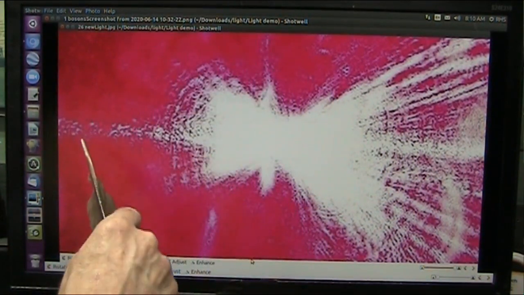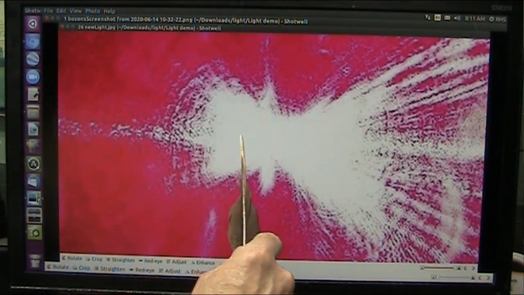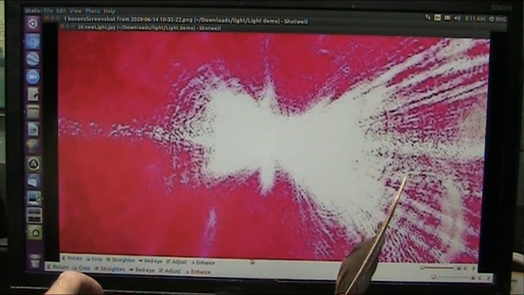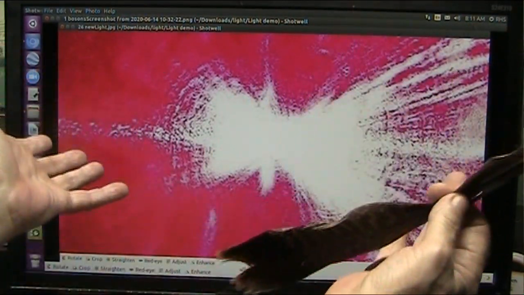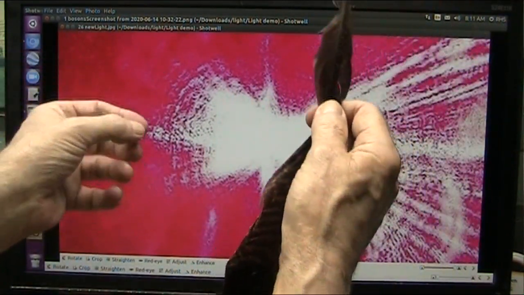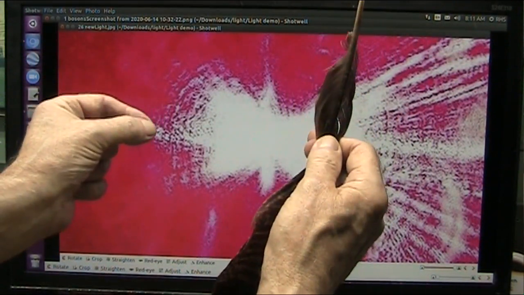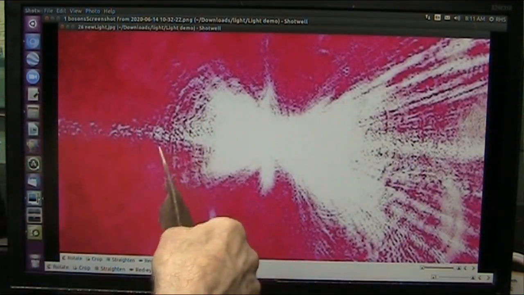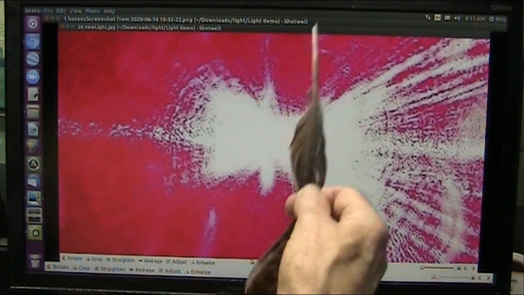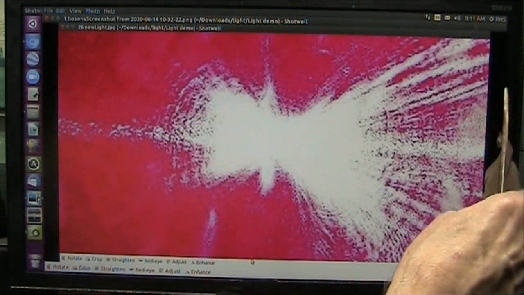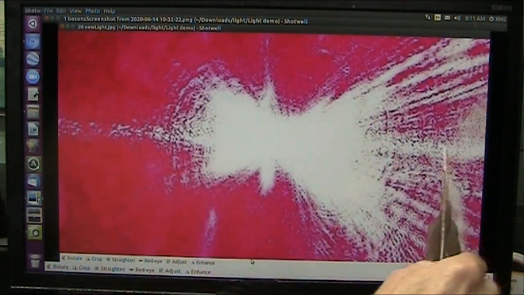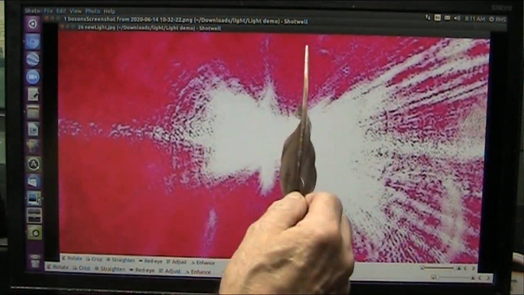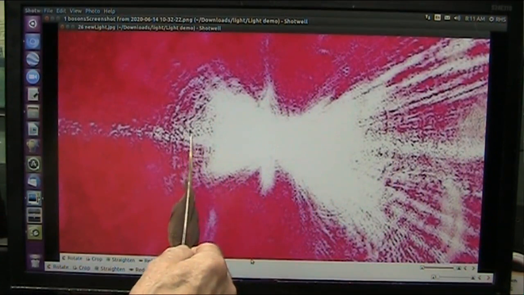Now, depending upon the frequency that it's coming in is what it interacts with, the molecules that have particles in a certain range that will interact with these. That's why you get the green and the red and the blue. They're different frequencies. The red is the longest frequency, and it concusses right at the venturi, right here.